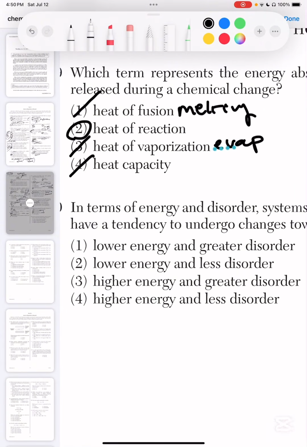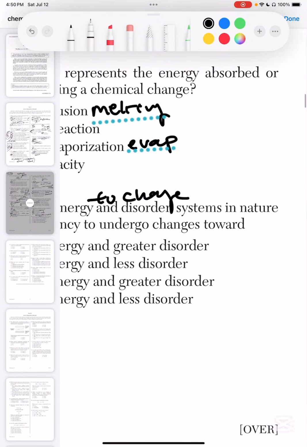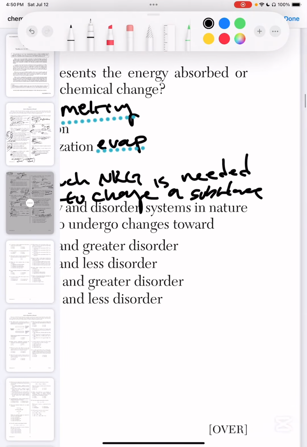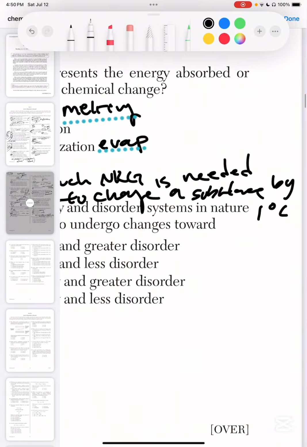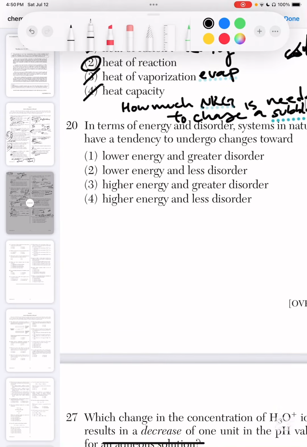Heat capacity is how much energy is needed to change a substance by 1 degree Celsius. So that also doesn't make sense. Heat of reaction is your delta H, which is the energy that is absorbed or released during a chemical reaction.